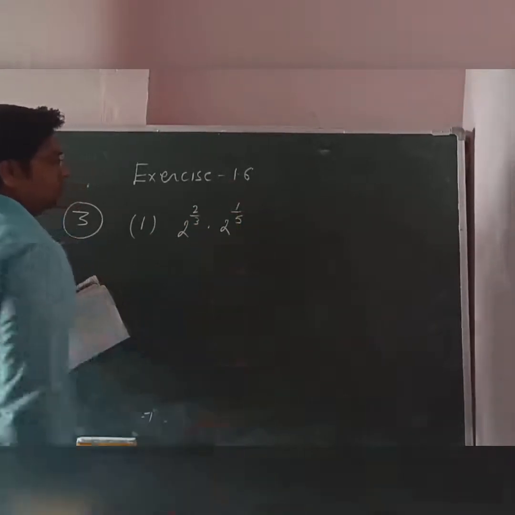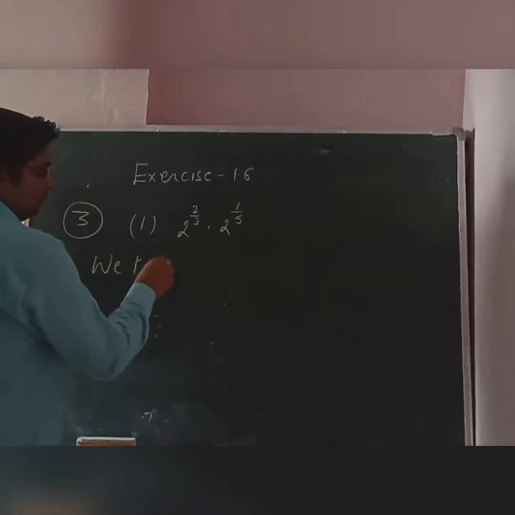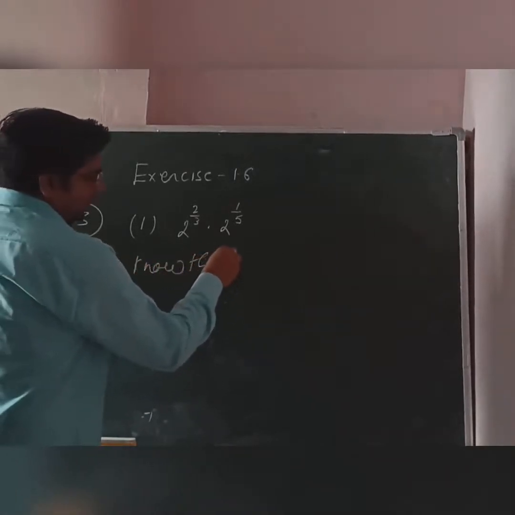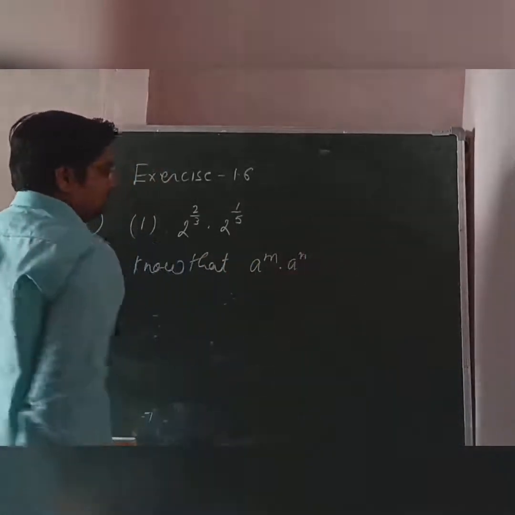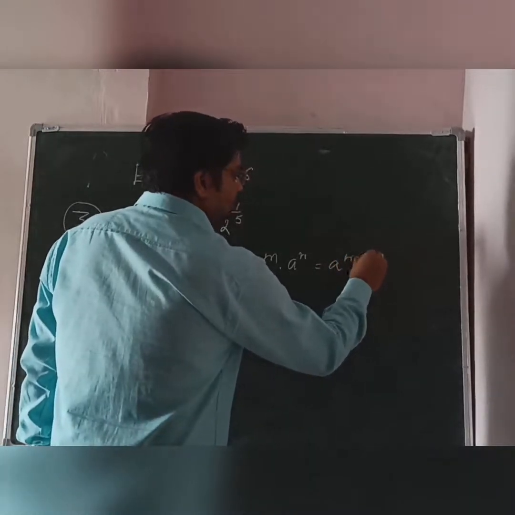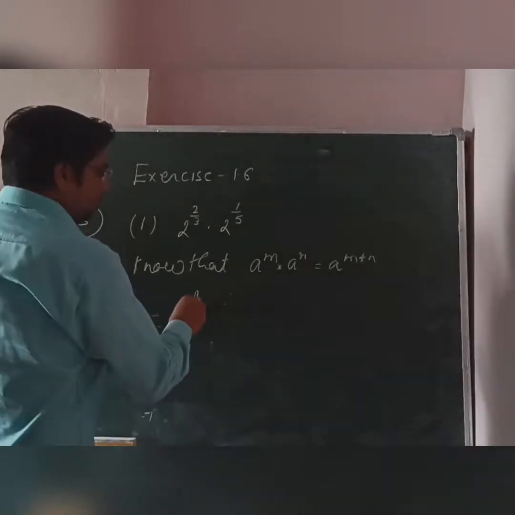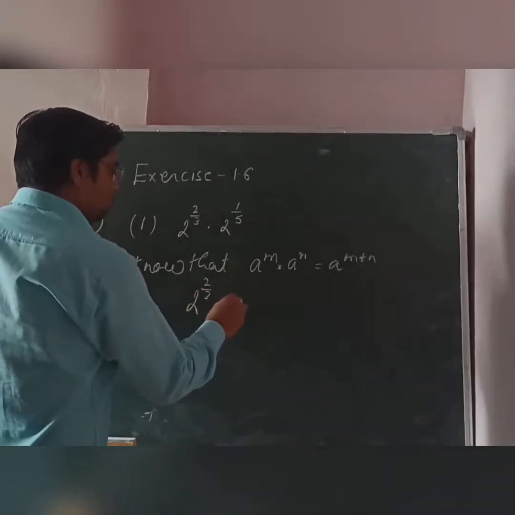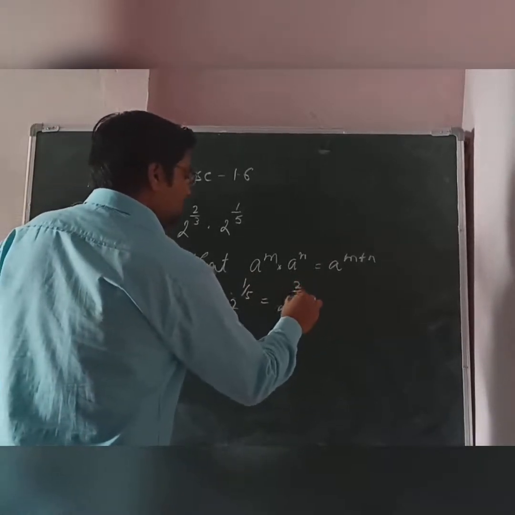We know that a to the power m into a to the power n equals a to the power m plus n. Into means plus in the powers. So 2 to the power 2 by 3 into 2 to the power 1 by 5 equals 2 to the power 2 by 3 plus 1 by 5.